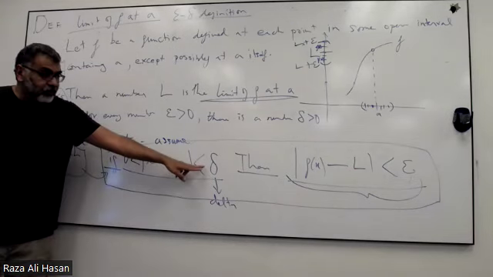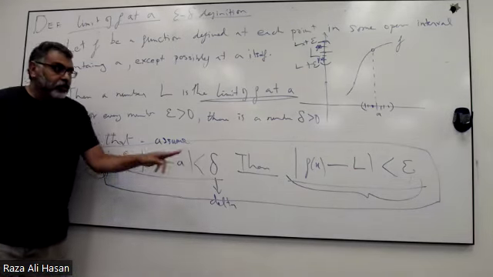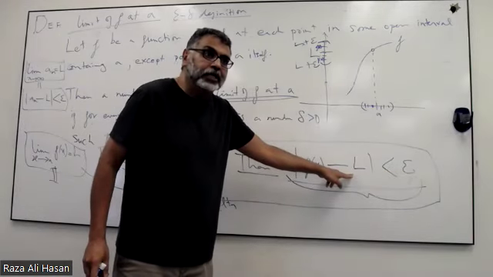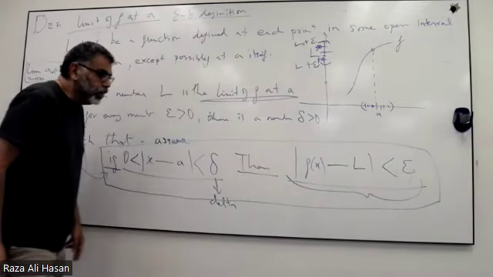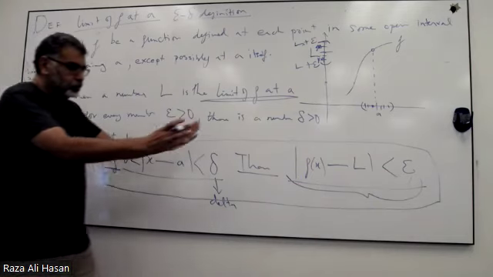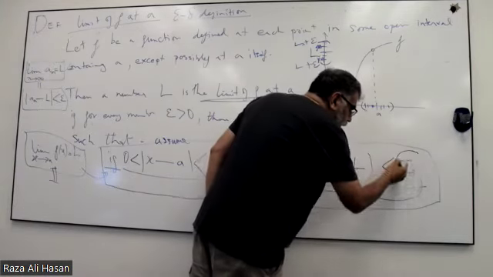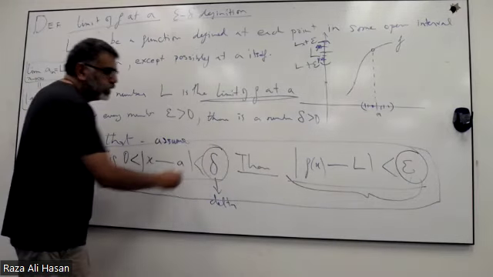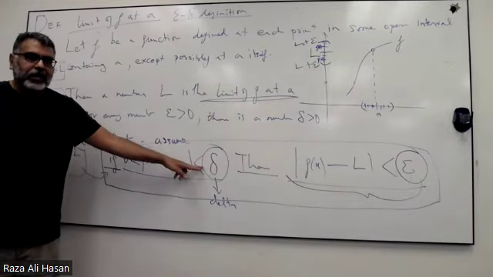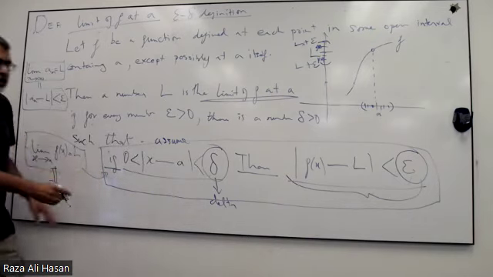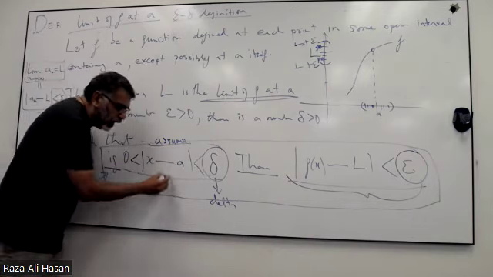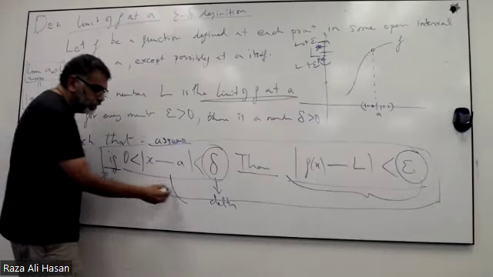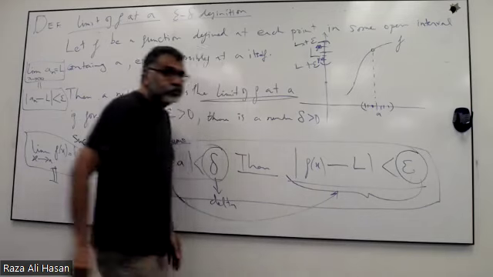The problem is we don't have the value of the delta. What we are given is the value of epsilon, the value of the limit. What we do is use epsilon's value to calculate delta. Once we have a delta value, then we can go back, assume this to be true, and start from our assumption in the antecedent and get to the conclusion.